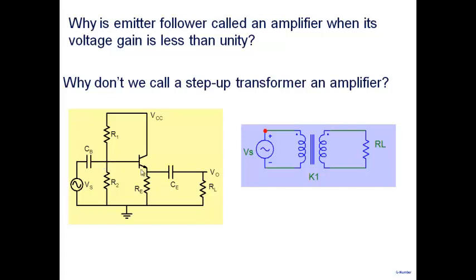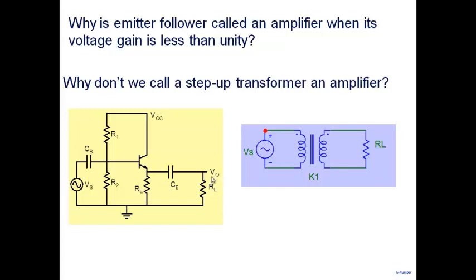In this case, we saw that V0 is practically equal to Vs or a little less than Vs, but we'll soon see that the input resistance of this stage is going to be high. So the current that goes in from here is small, which means that the power that is input into the stage here is small. While V0 is basically equal to Vs, and RL can be pretty small here, and therefore the power here, V0 squared by 2RL, is going to be pretty large.